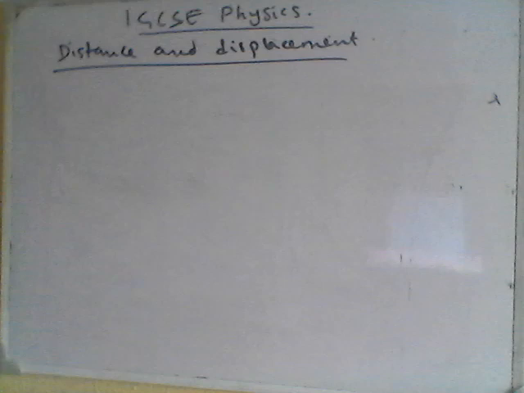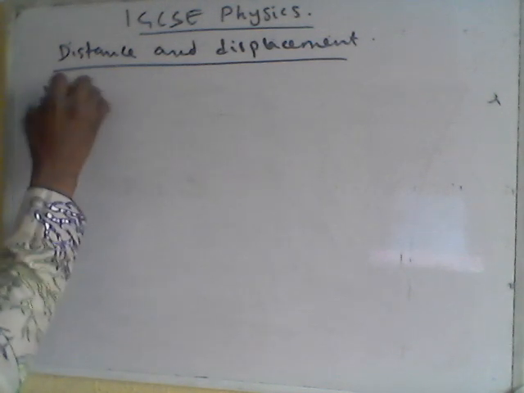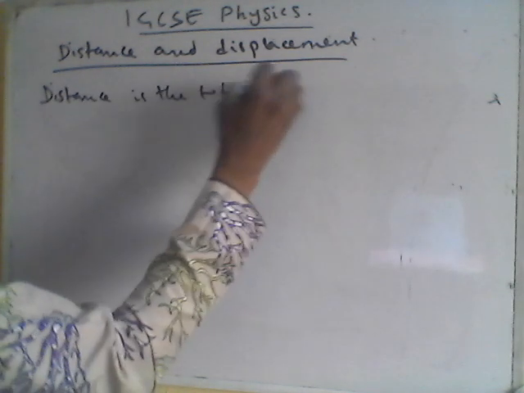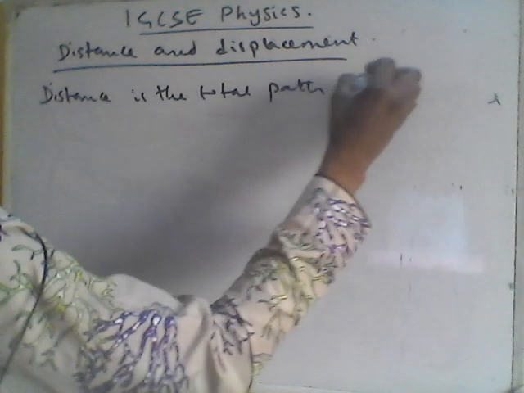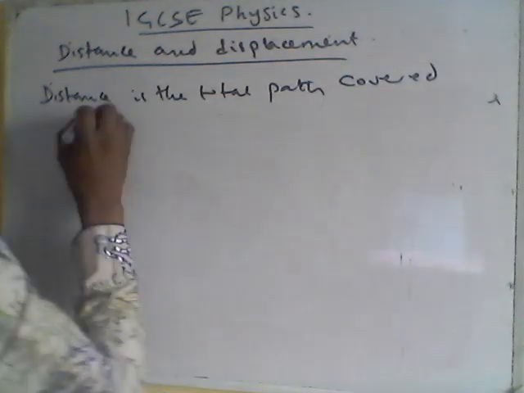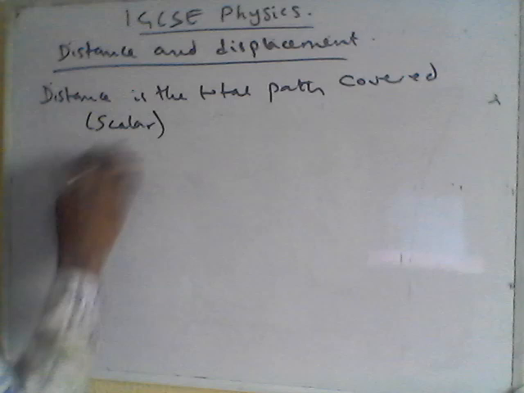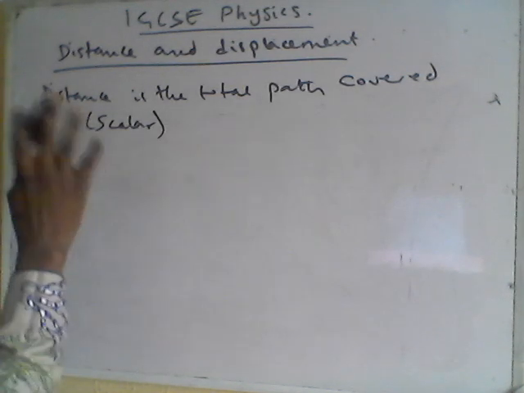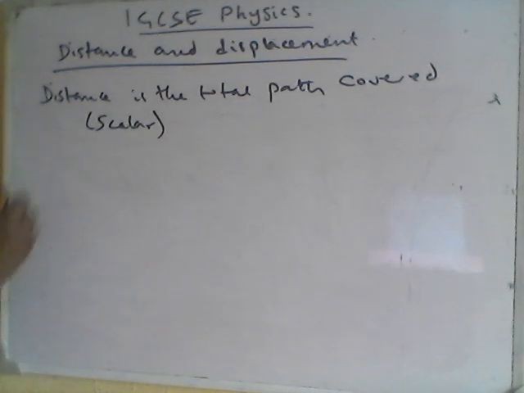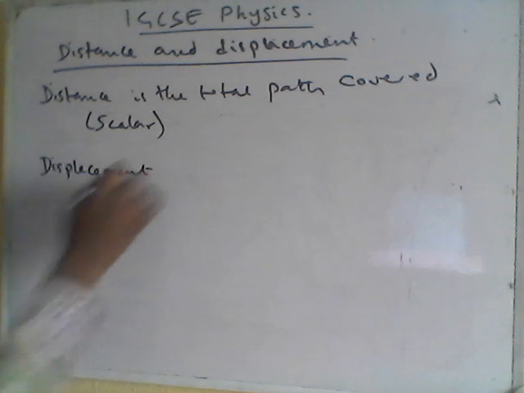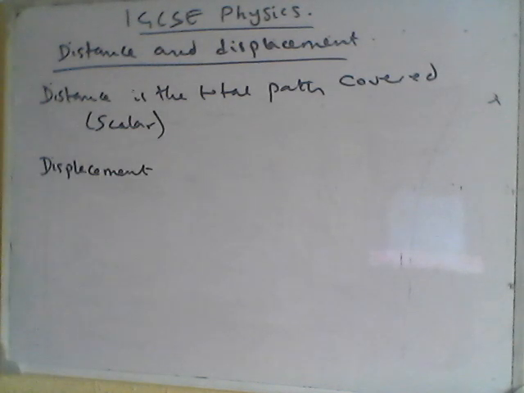Distance is the total path covered, and it is scalar because it just describes magnitude, with a unit, but no direction. Displacement, on the other hand, is the shortest straight line distance from start to finish.